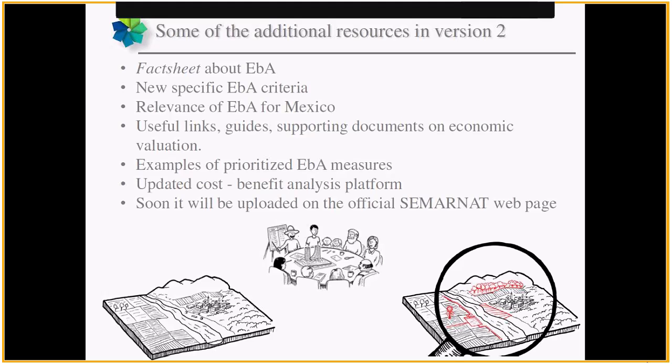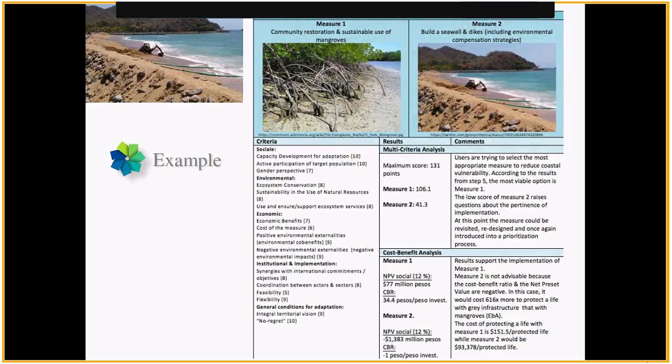So the next slide is an example of how we are contrasting an EBA-specific adaptation measure with another adaptation measure that does not necessarily have to be EBA. It can be a gray measure.